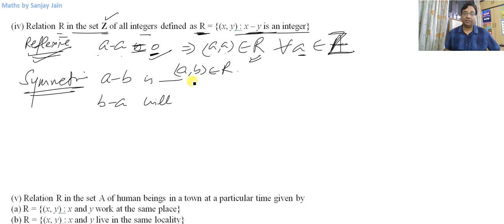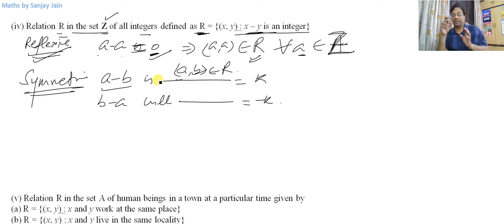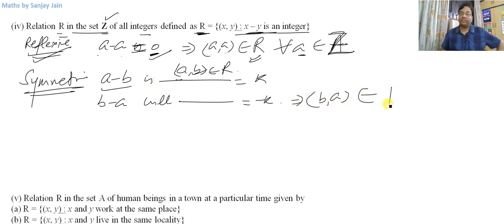Let us say A minus B is an integer K. Then B minus A will be minus K, which is also an integer. So if A minus B is an integer, B minus A will be just the negative of that integer, and it will also be an integer. So B comma A will also be present in that relation. Hence, this relation is symmetric.